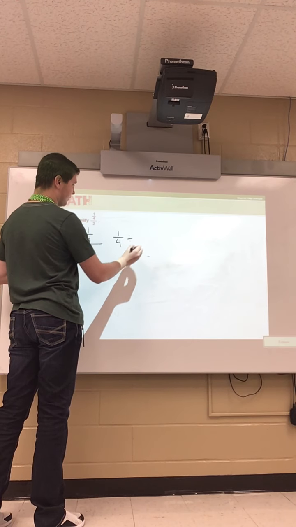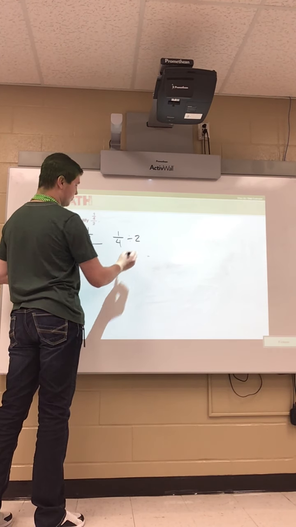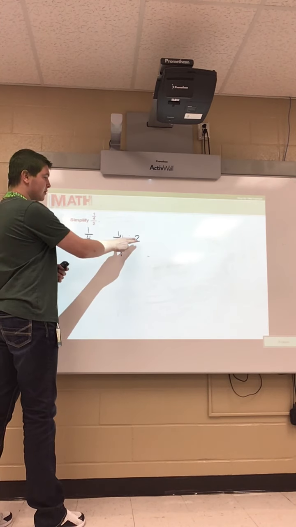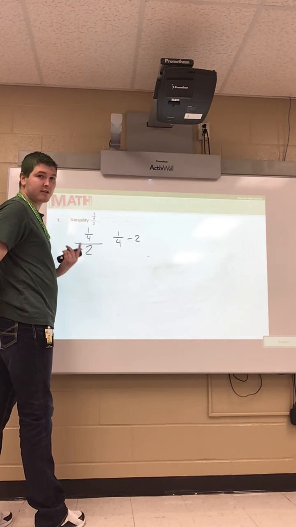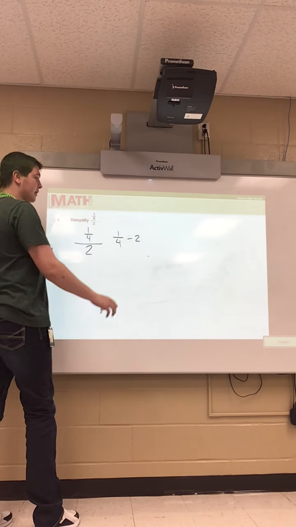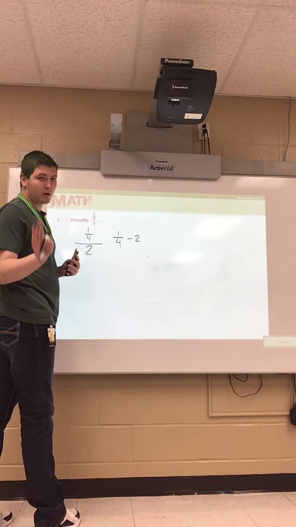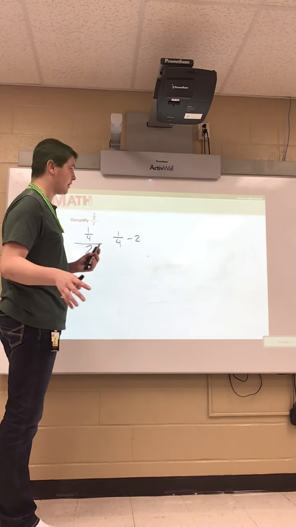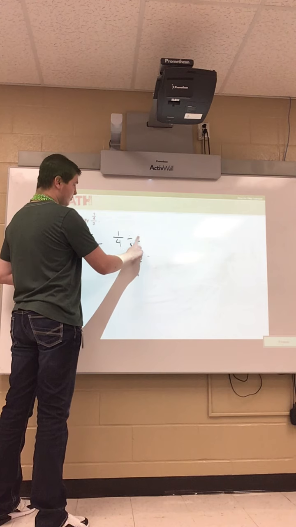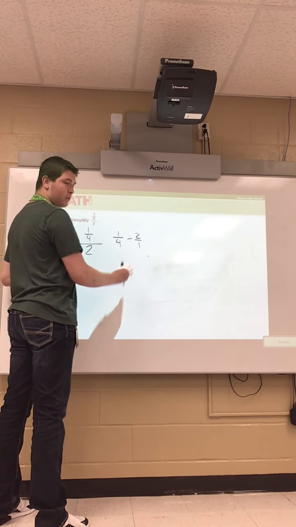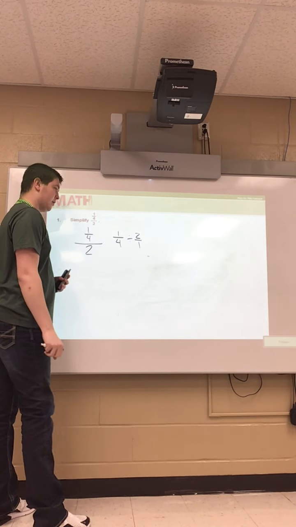Well, 2 can be written as what? It's the same thing as 2 over 1 as a fraction. If there's any whole numbers, we need to write that as a fraction, and all you do is write the whole number over 1.